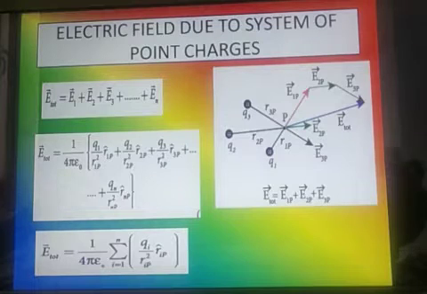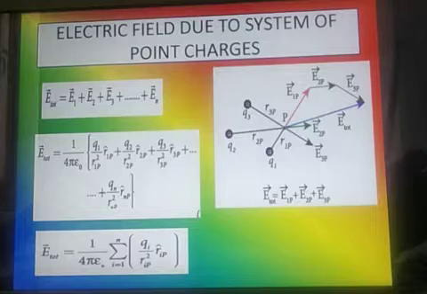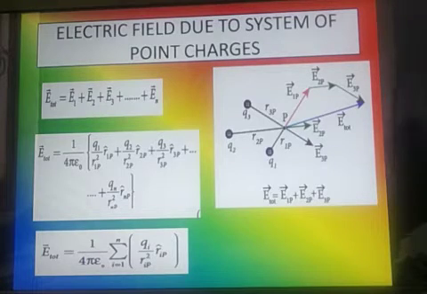Suppose a number of point charges are distributed in space. To find the electric field at some point P due to this collection of point charges, the superposition principle is used.